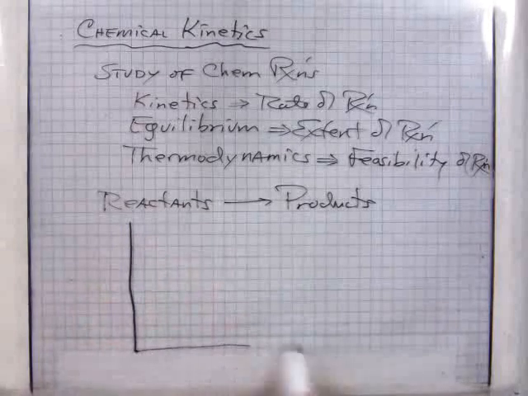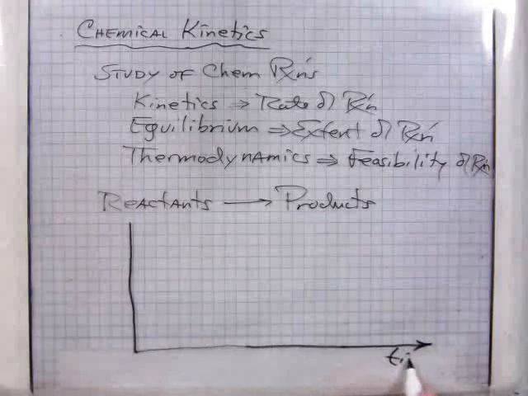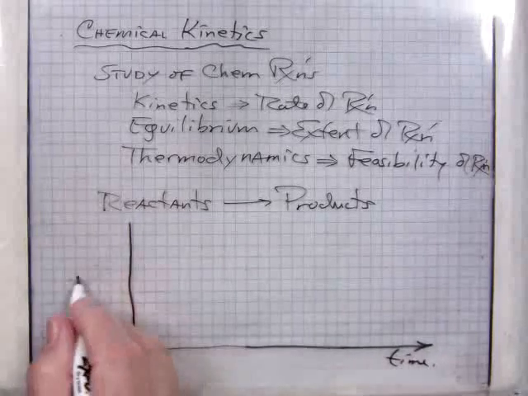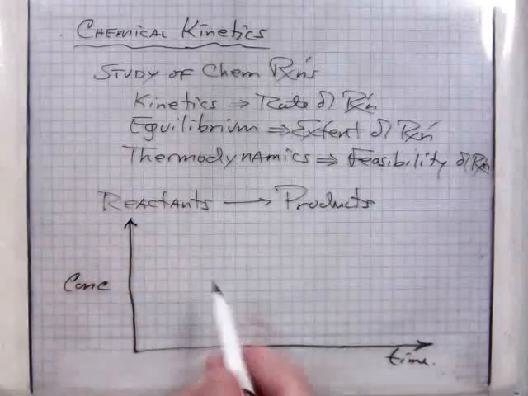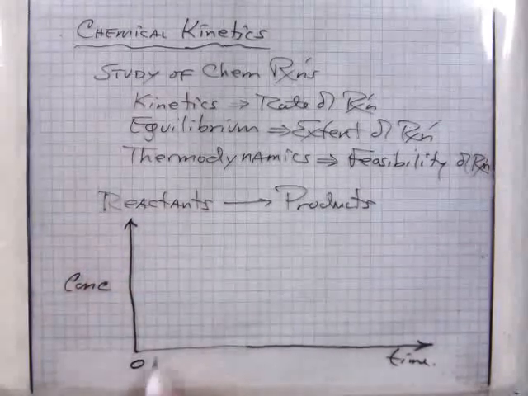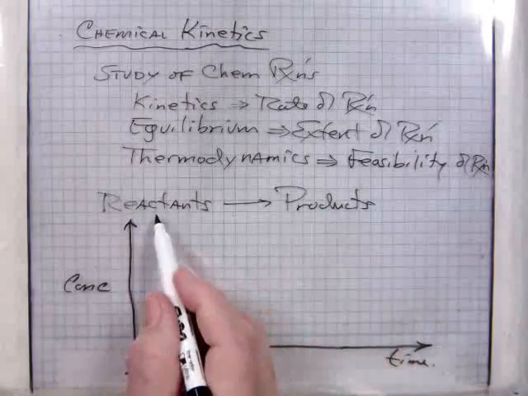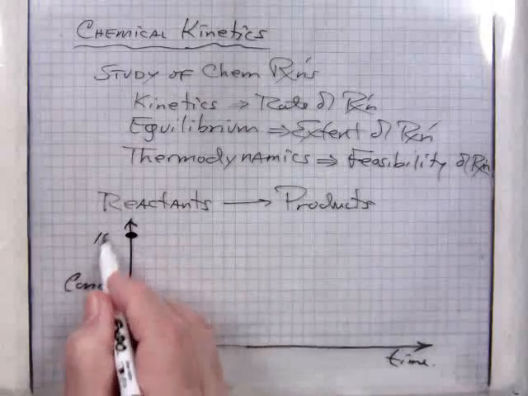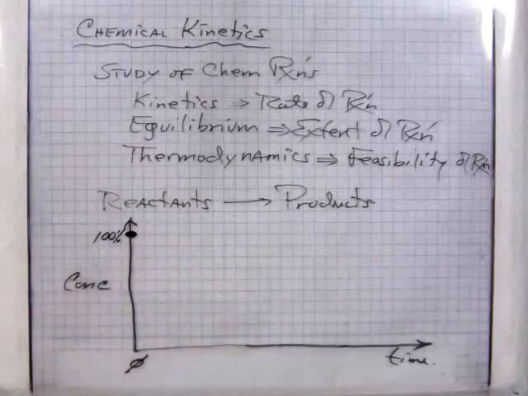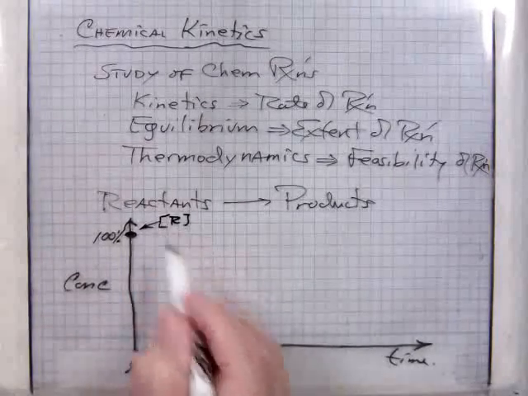It looks like this in a general context, where the horizontal axis is time, and over here concentration of your reactants and products. So at time 0, how much product do you have? 0. You don't have any product. But at time 0, you're 100% in the reactants. So we'll say that's the reactant concentration.